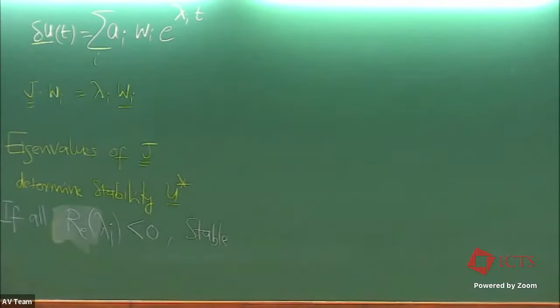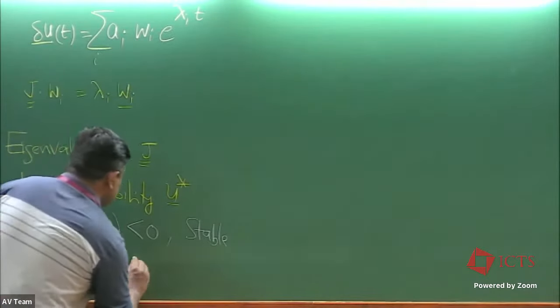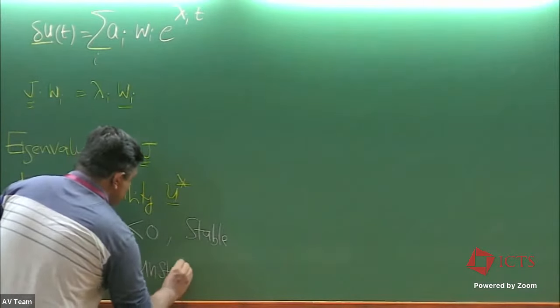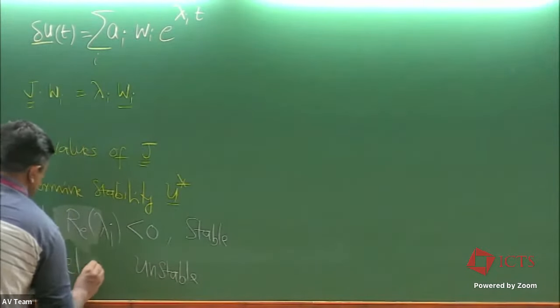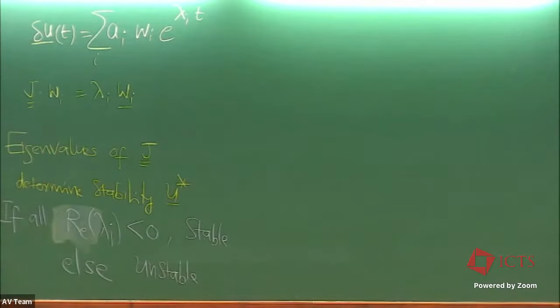Because any perturbation in any arbitrary direction, which you can resolve in terms of the basis vectors themselves, is going to decay. So it's stable with respect to perturbations in any arbitrary direction. On the other hand, if this condition is not satisfied, in the sense that if there is even one eigenvalue whose real part is positive, this is an unstable system. Fine?